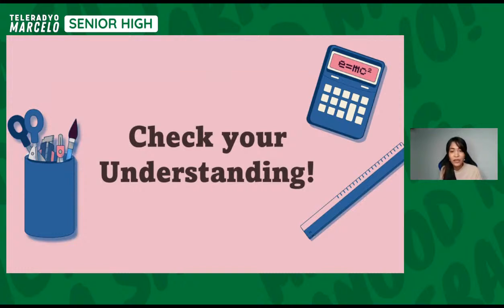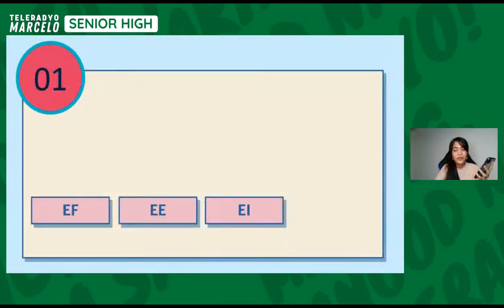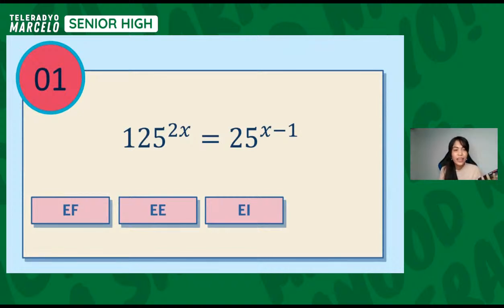Don't forget to type in your name as well, and your section with your answers. If you are ready, let's begin this activity. For number 1, we have this given. 125 raised to 2x equals 25 raised to x minus 1. Is that EF, EE, or EI? Your timer starts now.